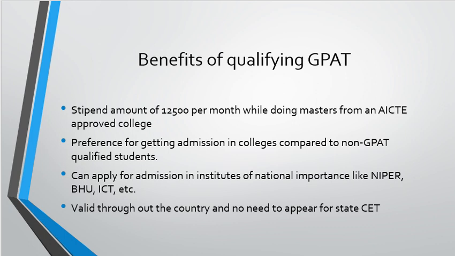Even if you qualify just near the cutoff, your percentile will still be somewhere around 96, 97 or 98. So that's why it increases the chances of getting admission in colleges. Even certain colleges have seats reserved only for GPAT qualified students, and most colleges prefer GPAT qualified students compared to non-GPAT qualified students.